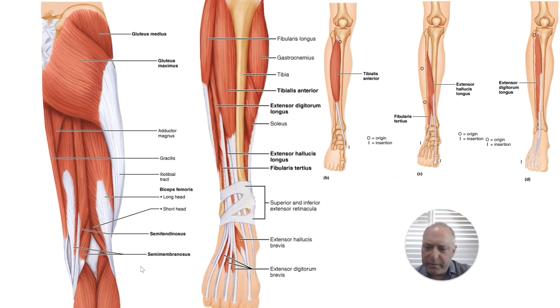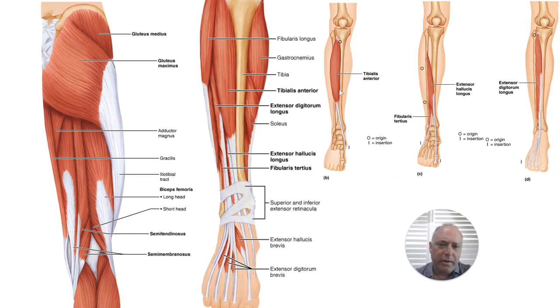Then the hamstrings are made up of the semimembranosus, semitendinosus, and biceps femoris, long head and the short head. An anterior view of the lower leg shows the tibialis anterior, extensor digitorum longus, extensor hallucis longus, and fibularis tertius.